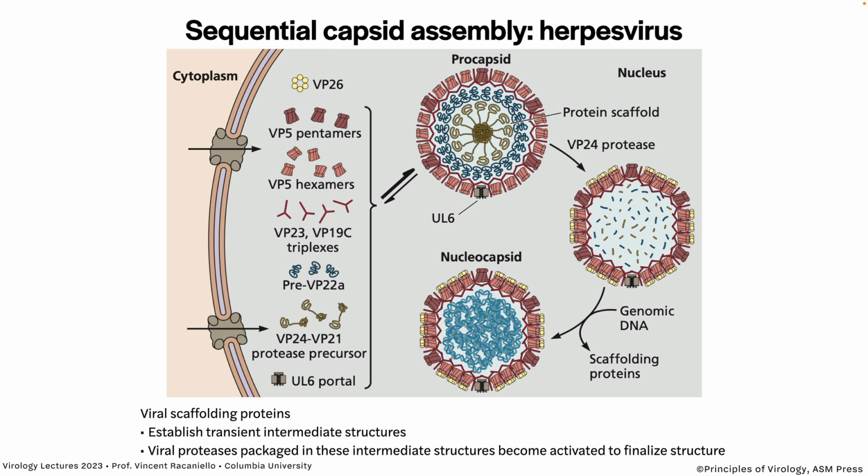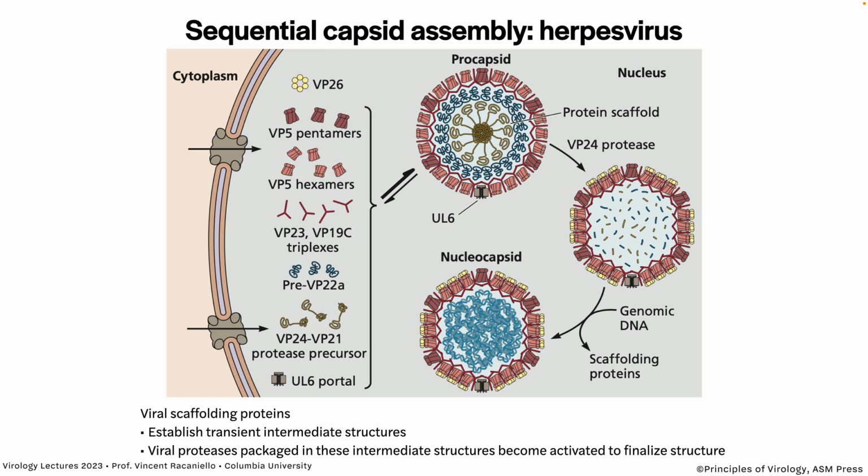And it's so big that an internal scaffold is built. And so here we have labeled protein scaffold. All these proteins inside here are the scaffold. The icosahedral shell is made up of pentamers and hexamers, but they're held in place by the scaffold.